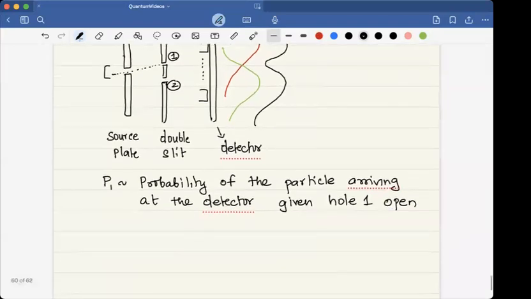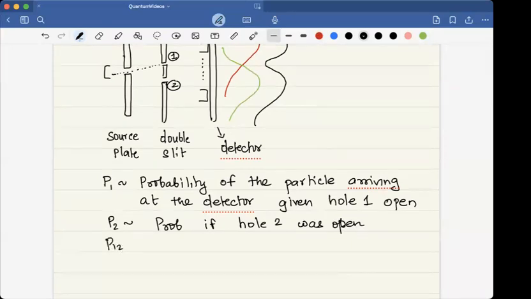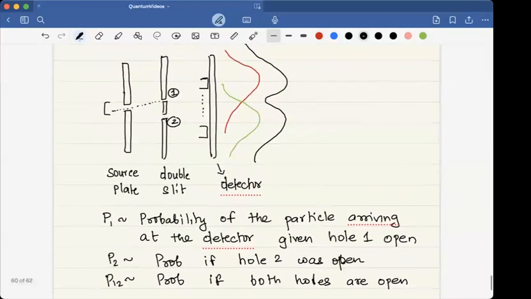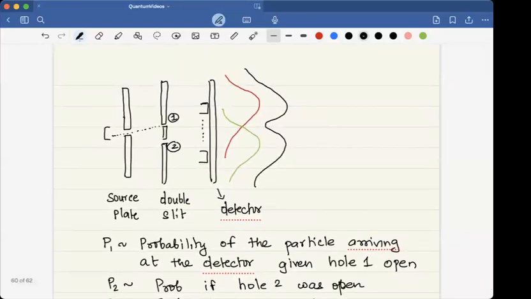And similarly, we label P2 as the probability if hole 2 was open. And P12 is the probability if both holes are open. Then you see that this particular graph is the sum of the two graphs that are drawn if either hole 1 or hole 2 was open.